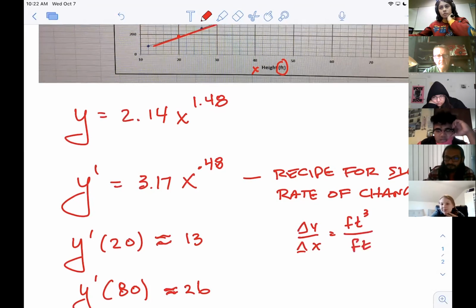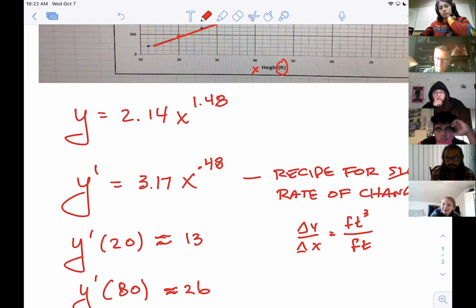It equals height, which is 20 in this case, and the volume equals 13, which means that at height 20, it's changing at 13 feet volume per second per height.